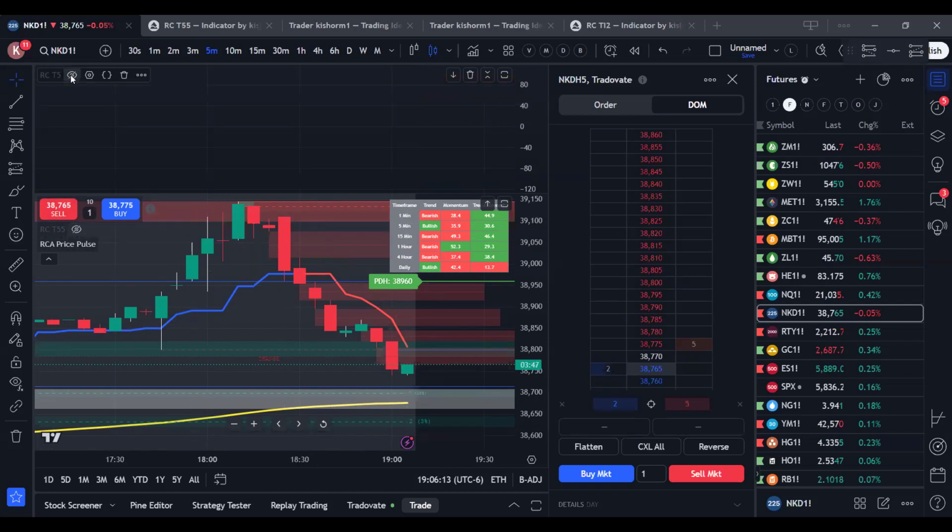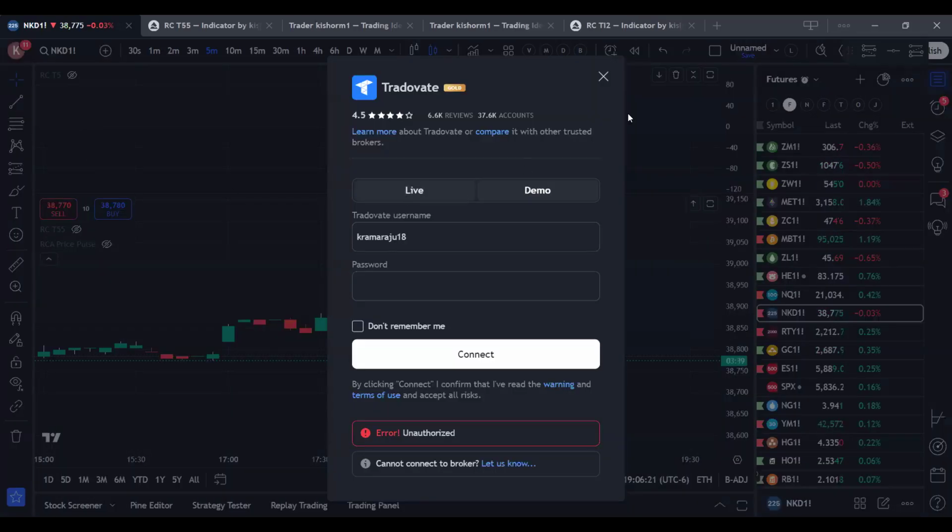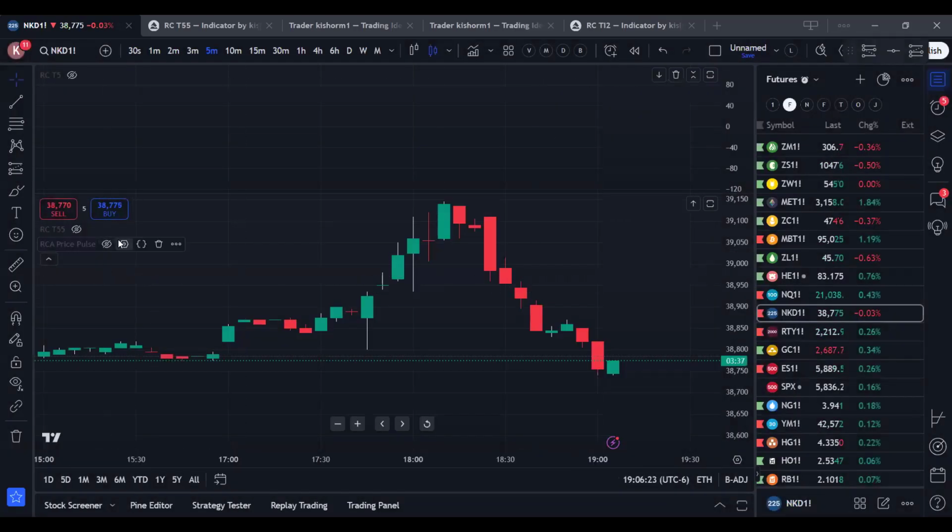We also added one more, because sometimes it becomes difficult for you to go to each chart and see where the price pulse is red and T5 is red. That's where you have this T55 indicator, which will give a strong sell signal.